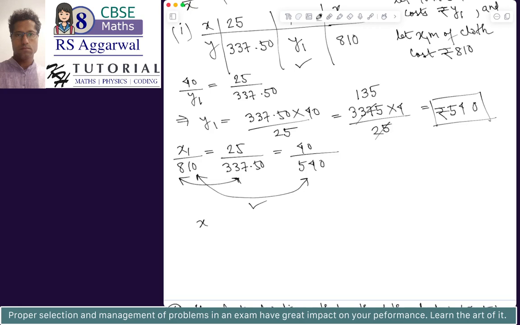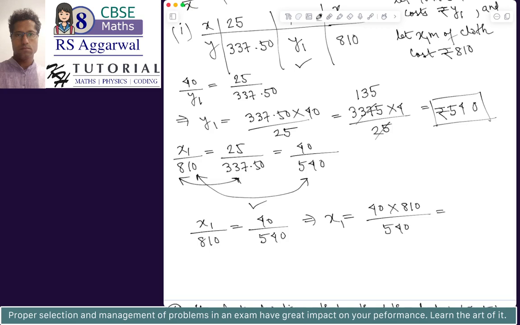So I have x1 by 810 is equal to 40 by 540. By using cross multiplication we get x1 is equal to 40 multiplied by 810 divided by 540.